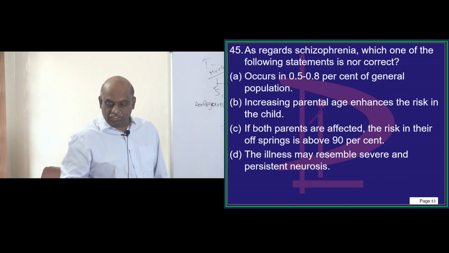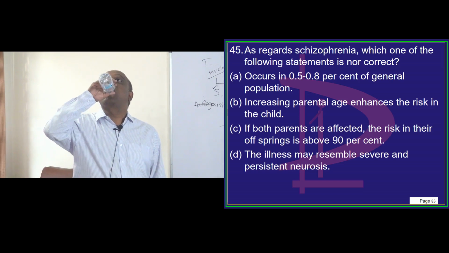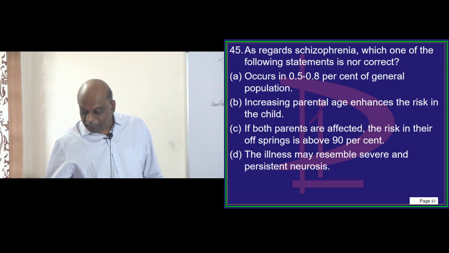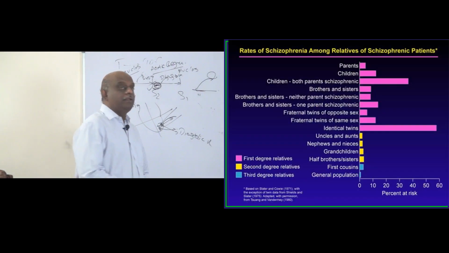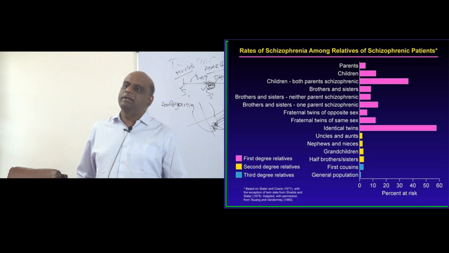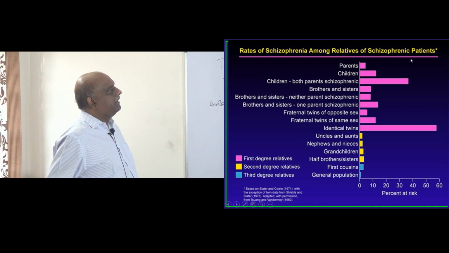Okay. So question number 45, I see a lot of people saying C. Excellent. If one parent is psychotic, the chance of the child getting psychosis is only 10%.